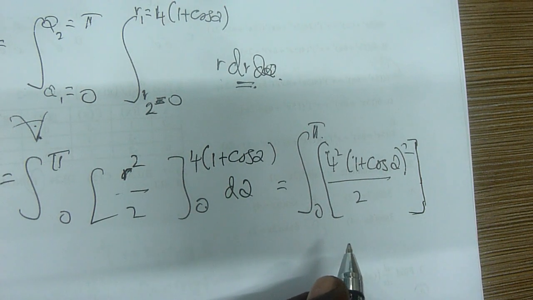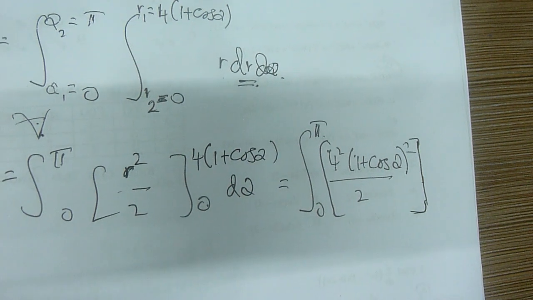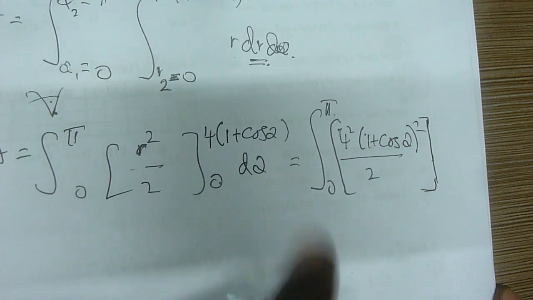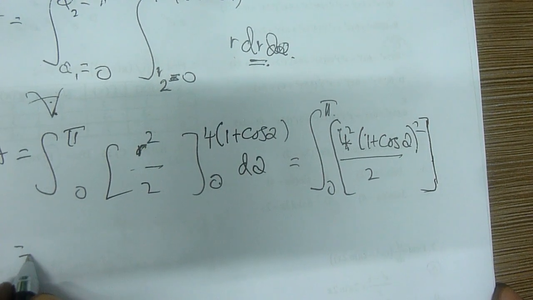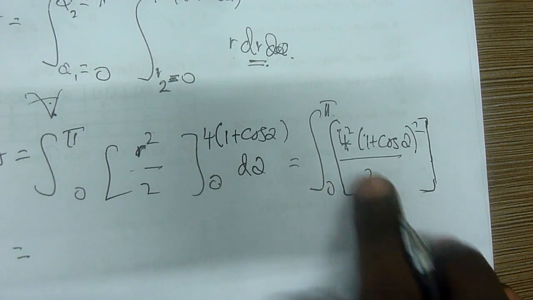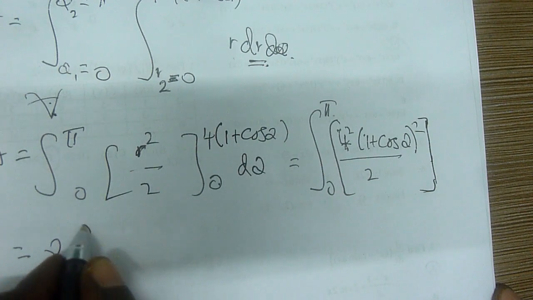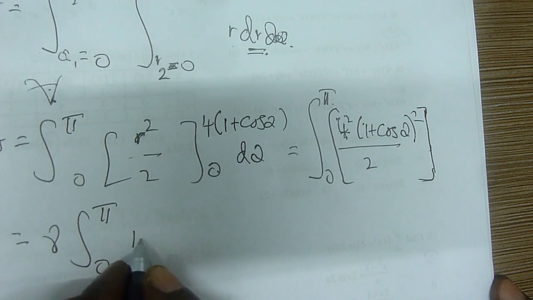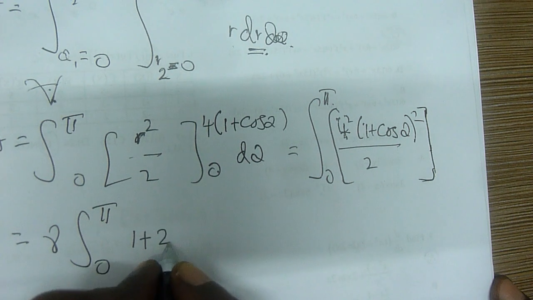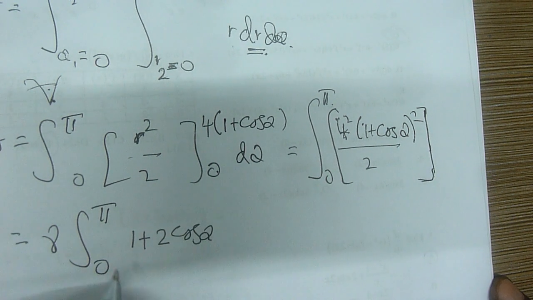Can we start solving this? Can or not? Can, right? Okay, 16. Just we go for a quick way. Taking this out, I'll get 8. Pi to 0. This is what I'll get: 1, 2 cos theta, plus cos squared theta, d theta.